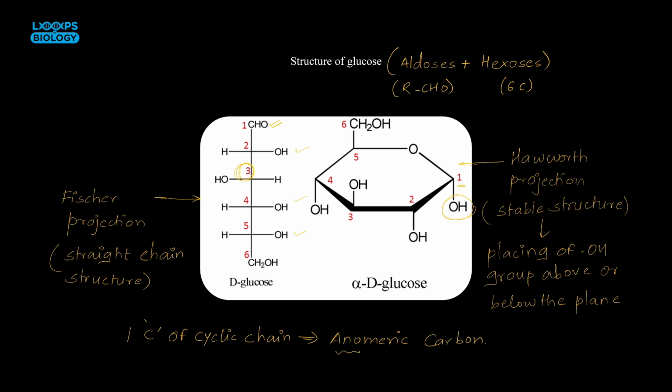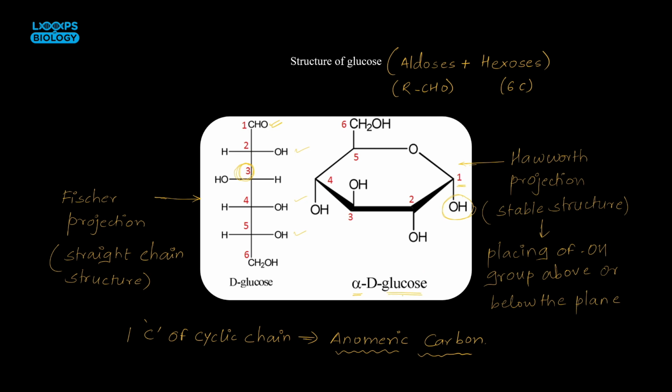So whenever on this anomeric carbon, the hydroxyl group is present below the plane, that particular structure of glucose is called alpha glucose.